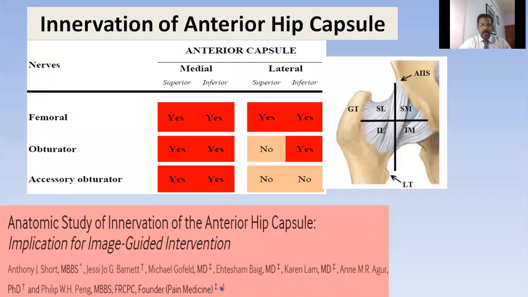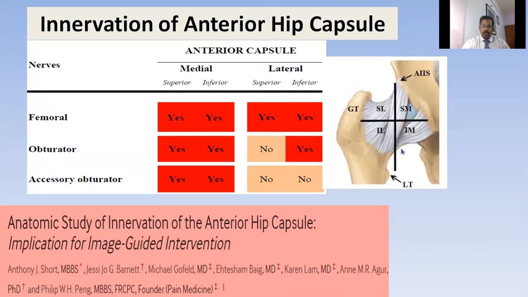So to summarize, if you divide the anterior hip joint capsule into superior medial and superior lateral quadrant and inferior medial and inferior lateral quadrant, the anterolateral aspect, that is both the superior medial and the superior lateral quadrant, is supplied by the femoral nerve.